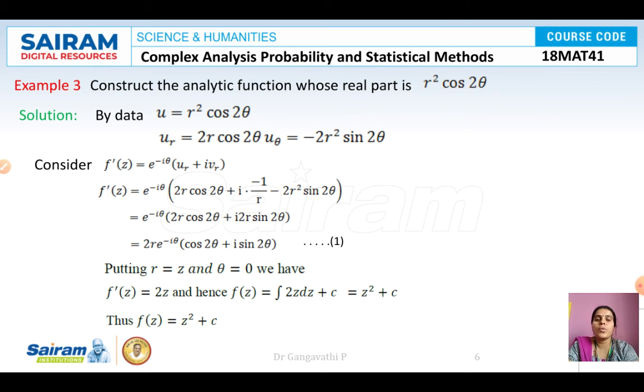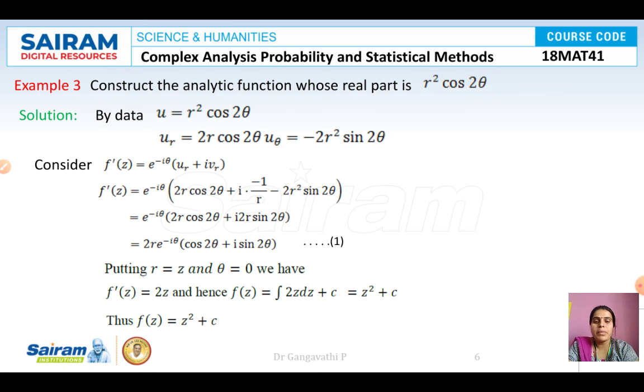We have already found u r and u theta now. So consider here f dash of z. F dash of z here is e power minus i theta into u r plus i v r. We don't know what is the expansion for v r. Therefore, let us use the CR equations. According to the CR equation, v r is minus 1 by r into u theta.